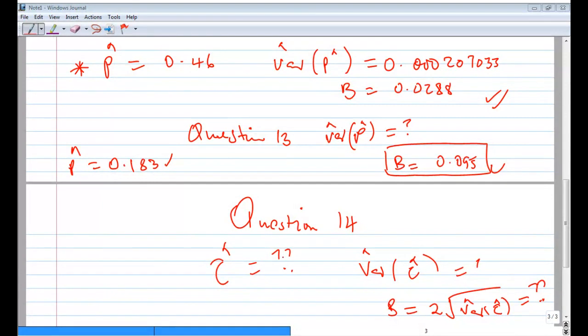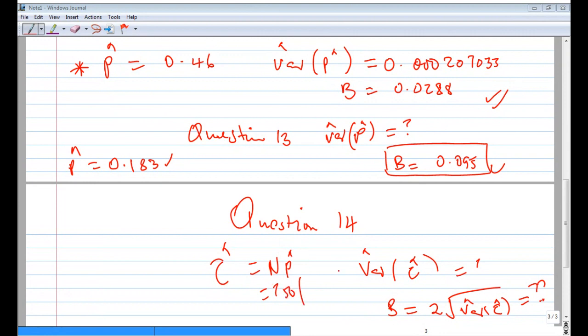So obviously the estimated population total is equal to what? N times P. They didn't give us the population proportion, so we use the estimate. The population size is 250.